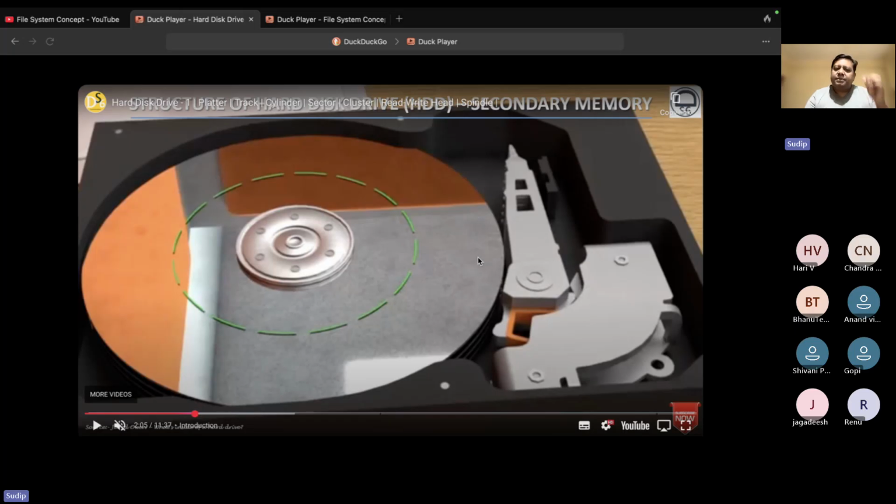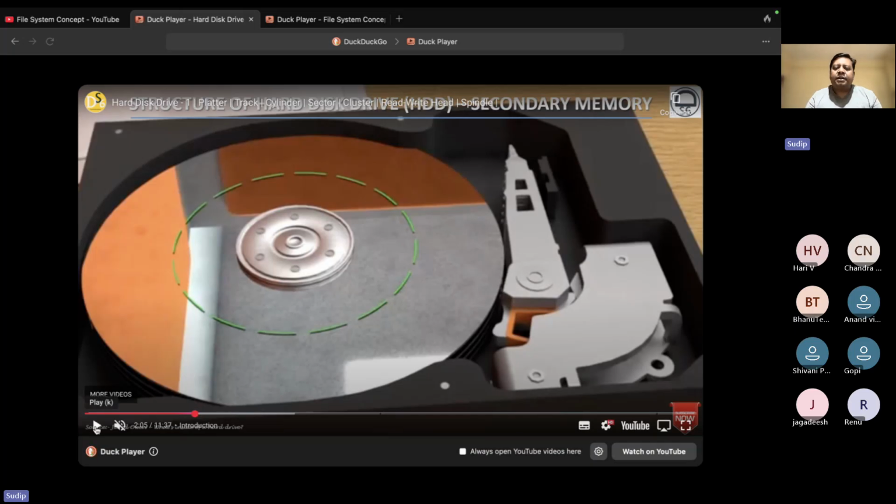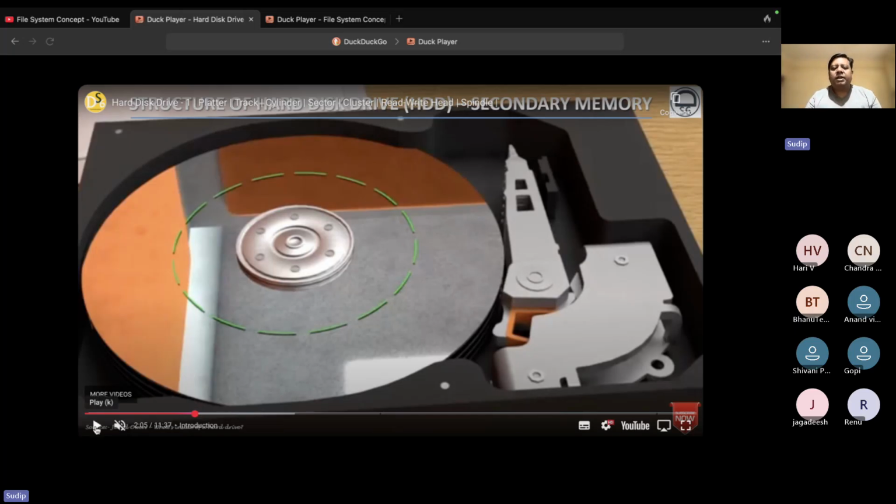As I said earlier, each surface of the magnetic platter, both top and bottom, is divided into logical units called tracks. They are nothing but concentric circles from the outside edge to the inside edge of the platter. And furthermore, each track is divided into finer sections called sectors.